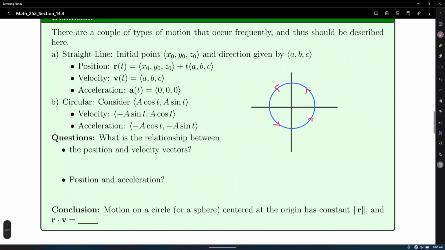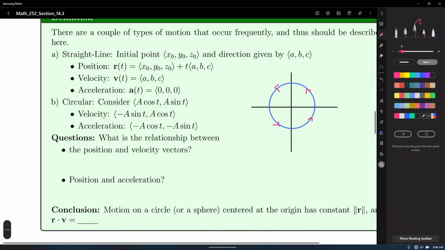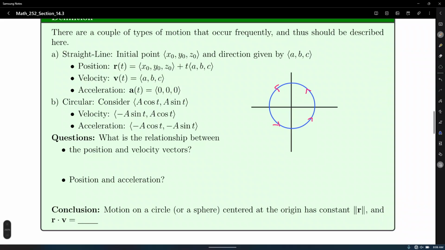Before taking the derivative, these points on the circle will be the terminal points of vectors in standard position. So let me label this as R of t, all right? Because then we will also graph the velocity vectors and the acceleration vectors.